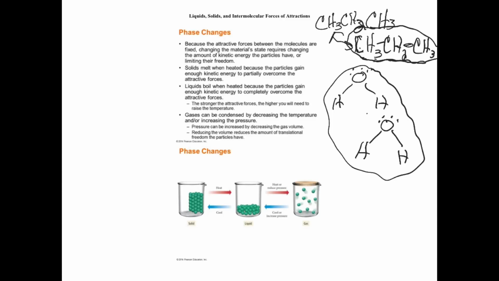Okay? So when you add enough heat, though, water eventually breaks apart too. When I say breaks apart, I mean water molecules no longer are attracted to each other, and that's why they boil and float off as steam. And when you add enough temperature, you add enough kinetic energy to break those interactions, those forces of attraction.